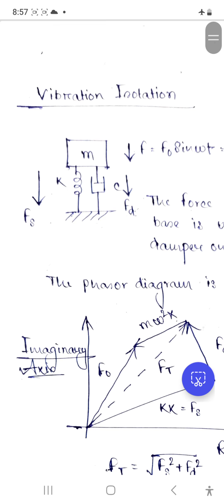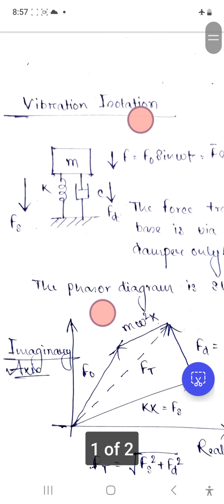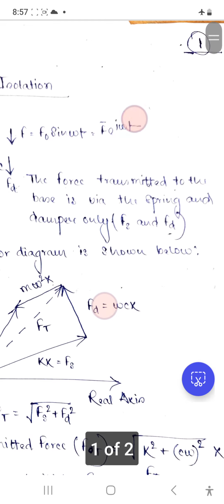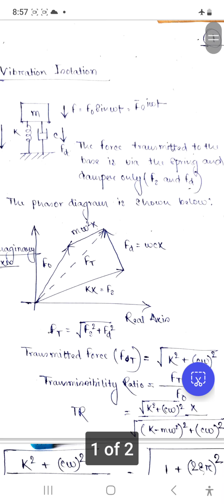That is transmission, the other case is isolation, but in both cases the expression will be the same. You can check it in the book also. Here I have written that the force transmitted to the base is via the spring and damper only. I shall share the PDF also.